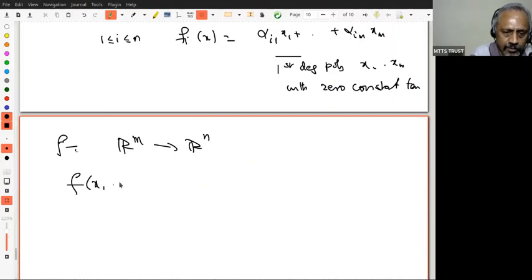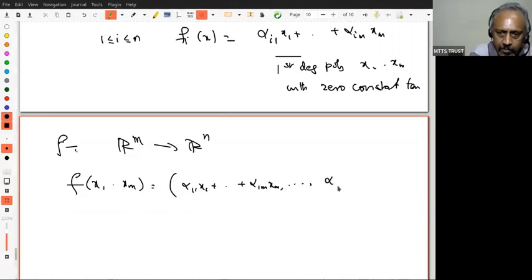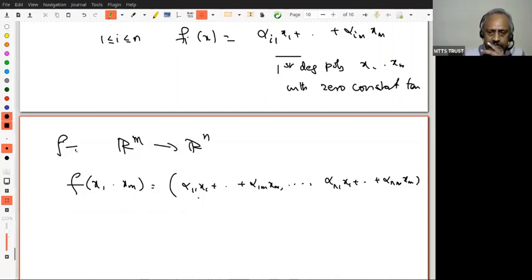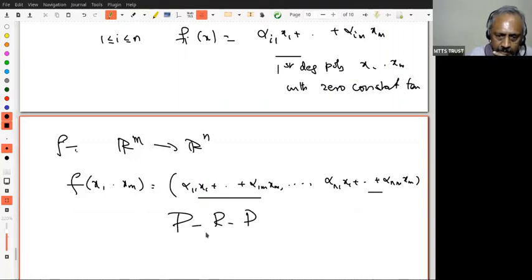F of x1 to xm equal to alpha 11 x1 plus dot dot plus alpha 1m xm, dot dot, alpha n1 x1 plus dot dot plus alpha nm xm. And these are all first degree polynomials with the zero constant term. Pay attention, pause, review, proceed.